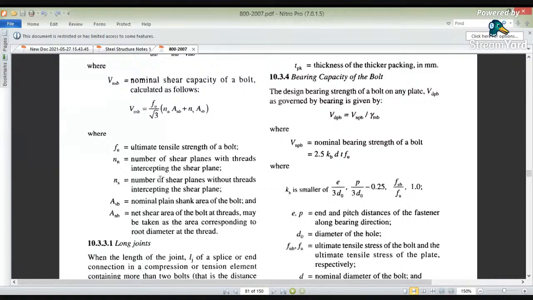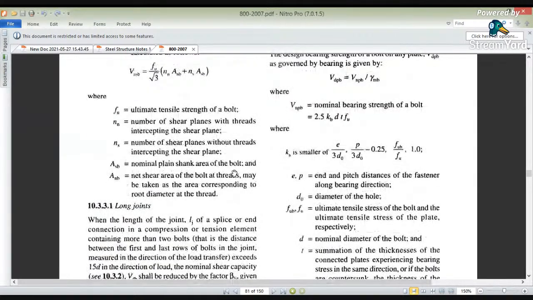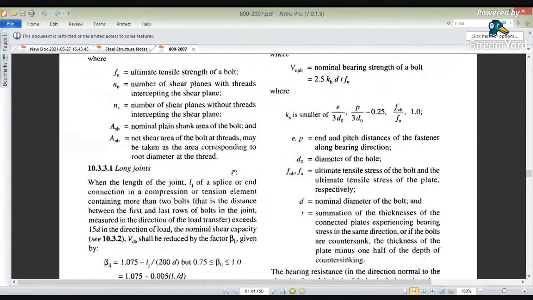Again, if two members are joined with long joints, that means the length of that joint is more.